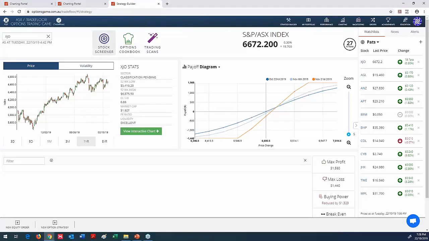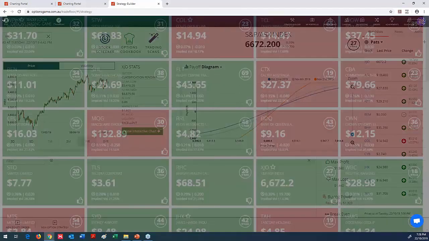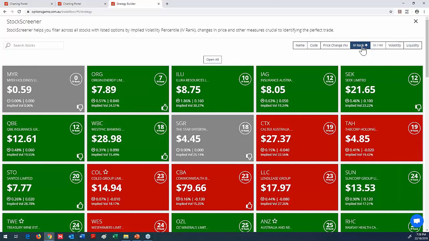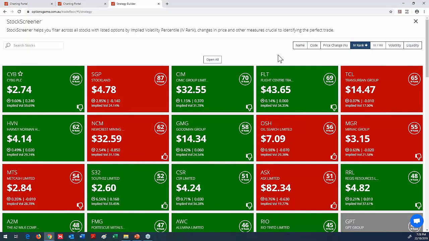I want to do just a super quick side story. One of the things that you would have by now heard of a fair bit from us is the IV rank, the implied volatility rank, which effectively shows you how expensive options are for that specific stock over the course of a year.